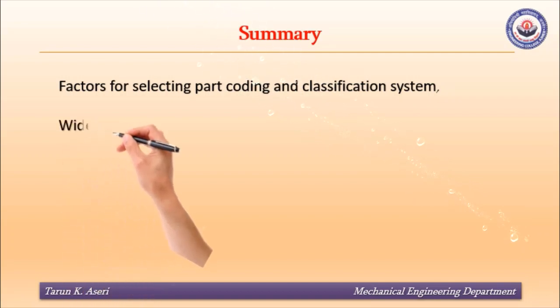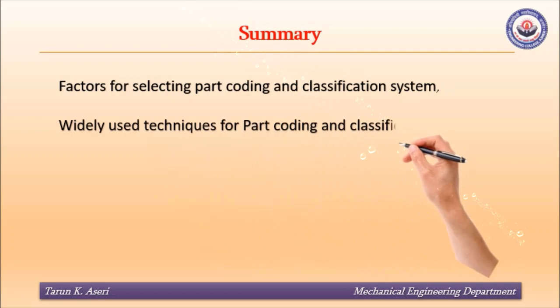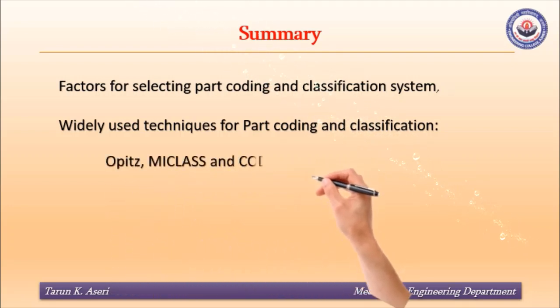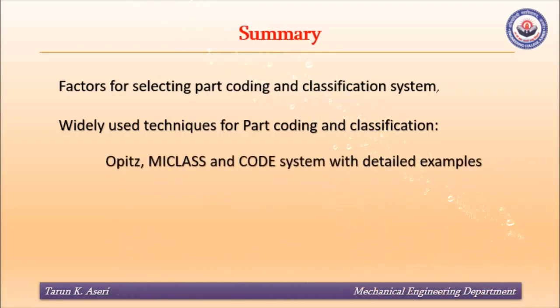Further, we have seen the widely used techniques for part coding and classification with examples. We have seen Opitz, MICLASS and the code system in detail, and how the codes are formed for rotational and non-rotational parts with figures and different standardized sketches.